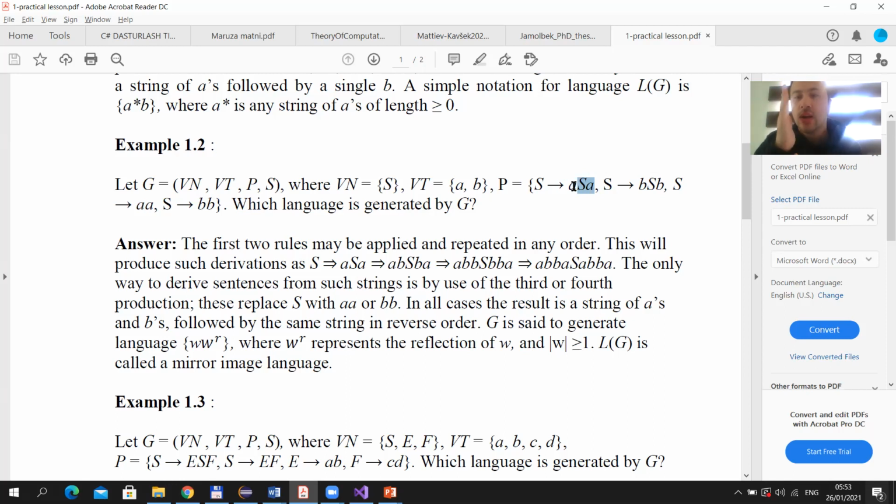So here you see in the middle is S, and the left-hand side is A and the right-hand side is also A. That's why this is also a palindrome. Here it is also B and B. If we repeat this procedure many times, we will have only AASAA or ABSBA, ABBSBBA, so both parts will be the same.